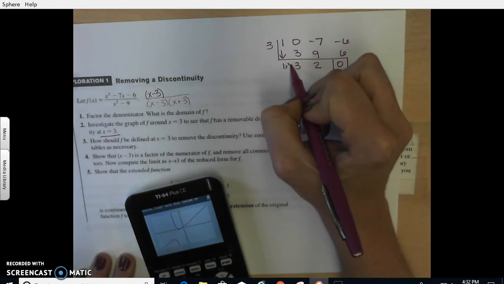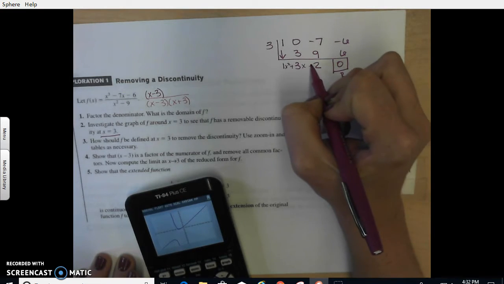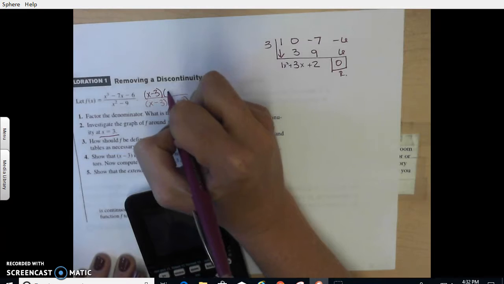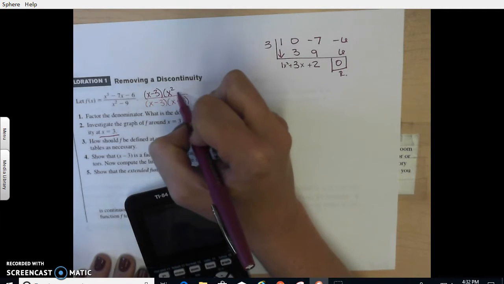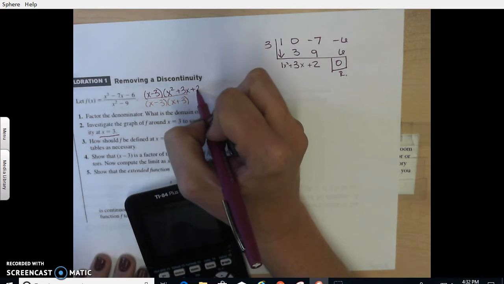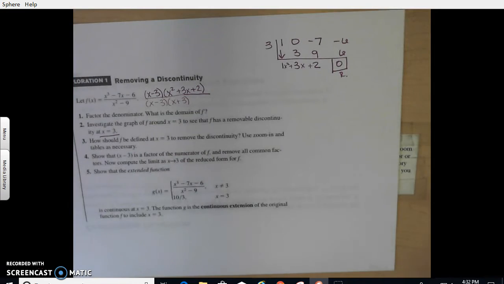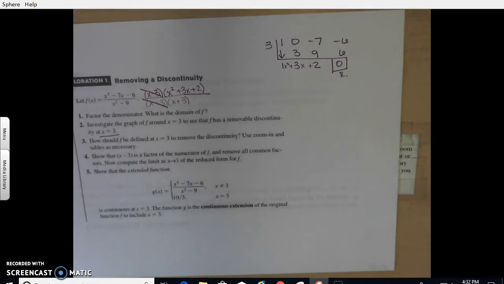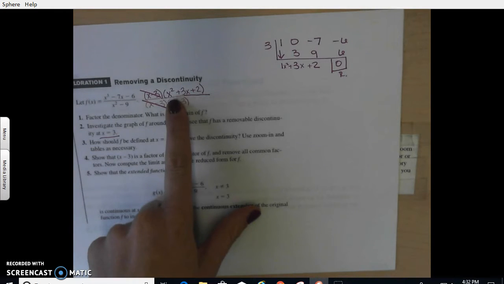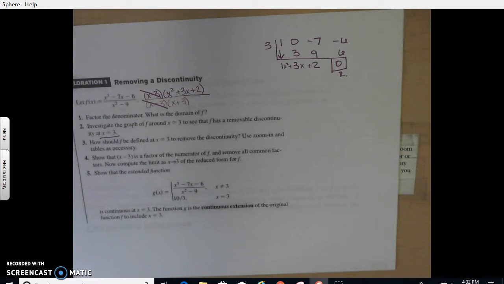And this would be 1x squared plus 3x plus 2. And I can remove the x minus 3. So that we have a new simplified x squared plus 3x plus 2 over x plus 3.